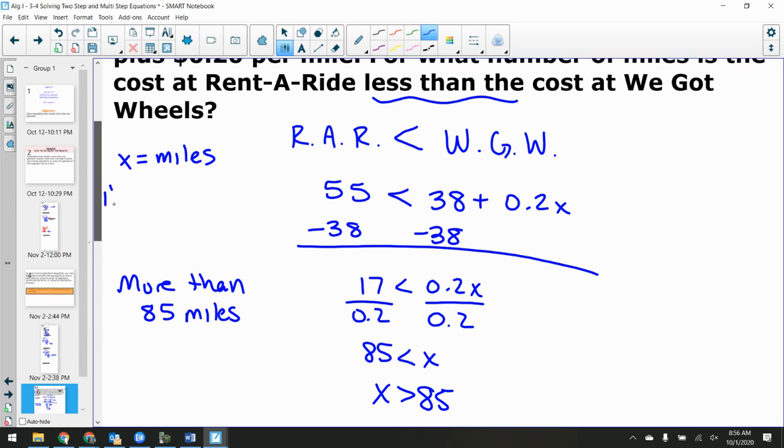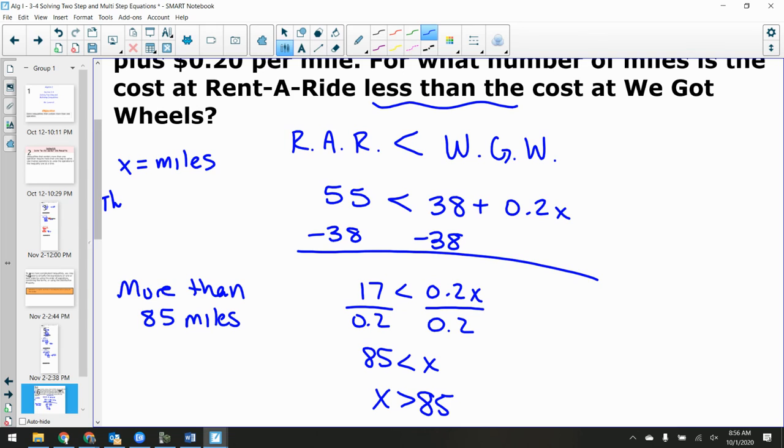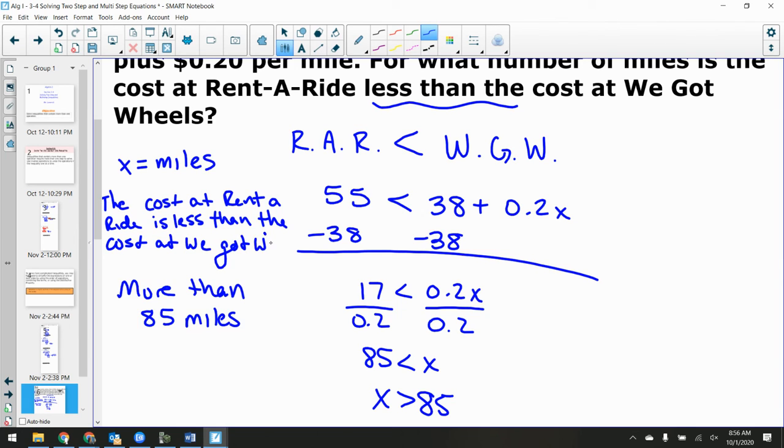The cost at Rent-A-Ride is less than the cost at We Got Wheels for more than 85 miles.